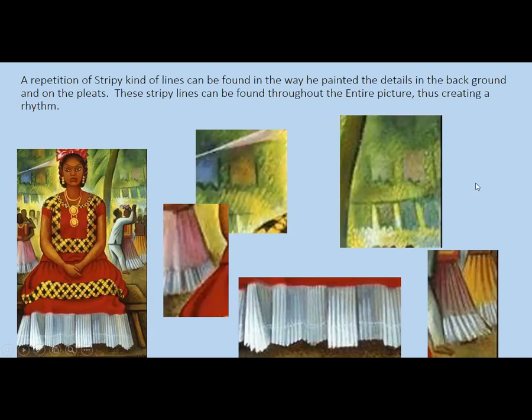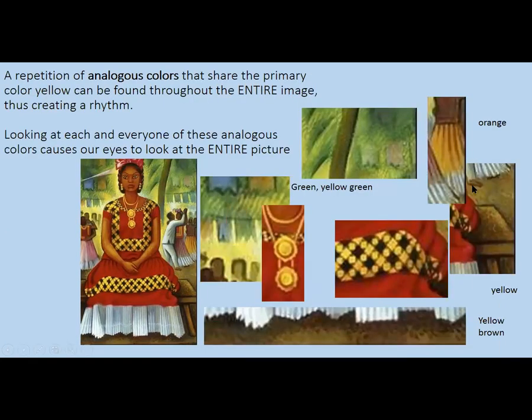But let's find some other examples. In this image, even though there's this great preponderance of red, in all the other colors there's a repetition of analogous colors that share the primary color yellow. They're found throughout the entire image. There's the obvious yellow in her dress and her necklace. This brown is a kind of yellow brown.